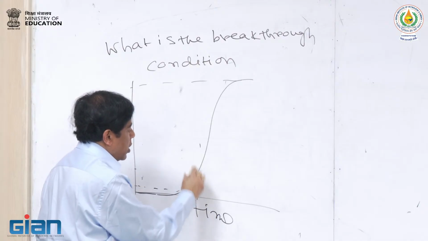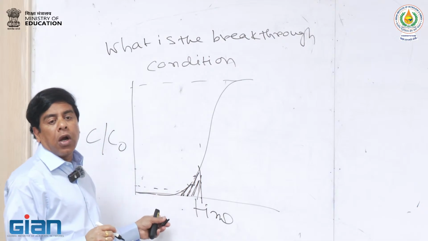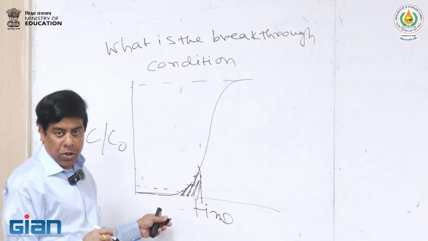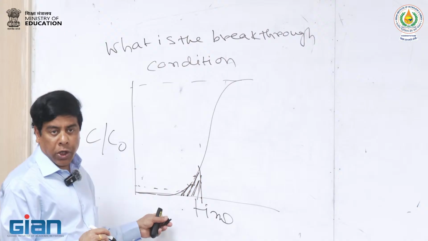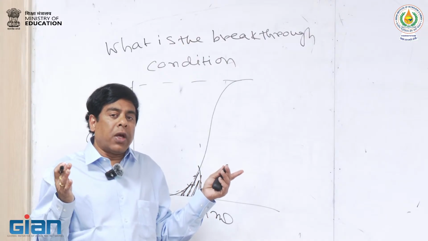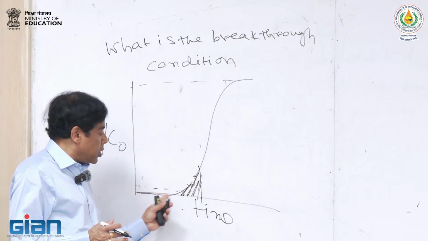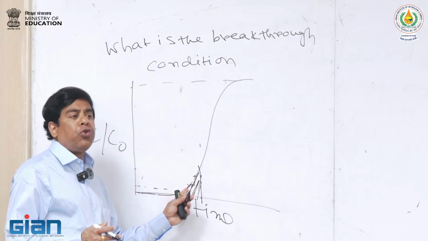So for CO2 capture, it should really be the area under the curve. You have to take the area under the curve, and you have to say, when this integral area under the curve exceeds whatever the limit is, that is when the breakthrough takes place, right?